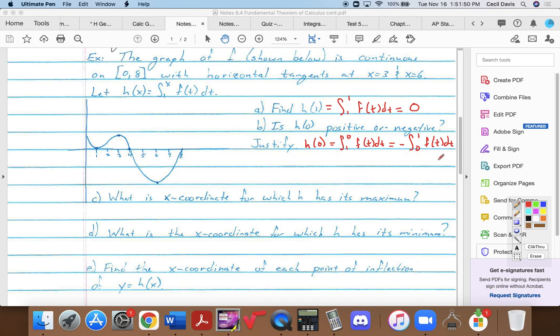Between 0 and 1, is f positive or negative? It's positive. Since f is positive on the open interval from 0 to 1, the integral from 0 to 1 of f of t dt is also positive.